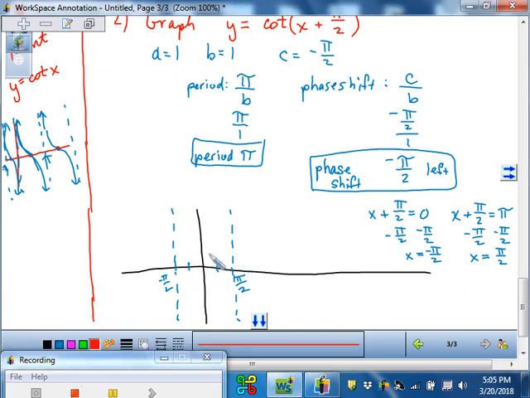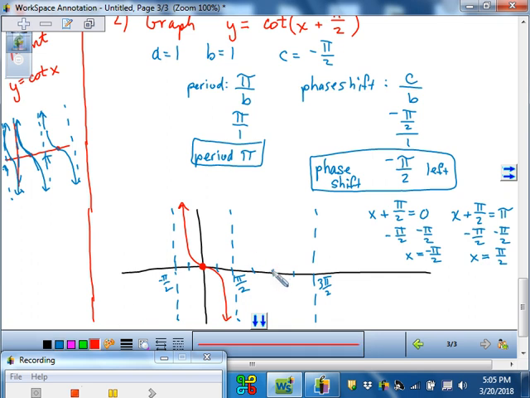We're going to have a point at the midpoint between those two, and remember, cotangent rises to the left and falls to the right. Now if we repeat that process for our asymptotes, we will have another distance of pi. So at 3 pi over 2, we'll have our next asymptote.